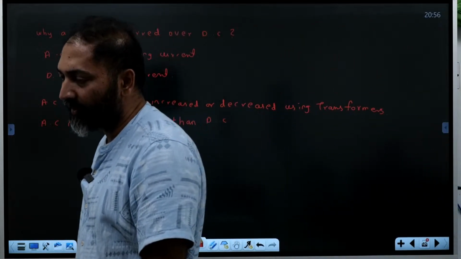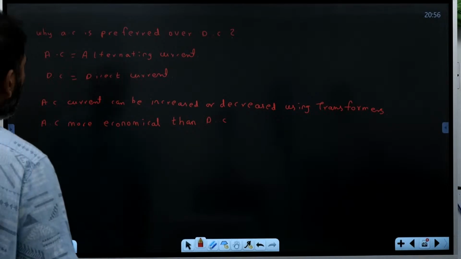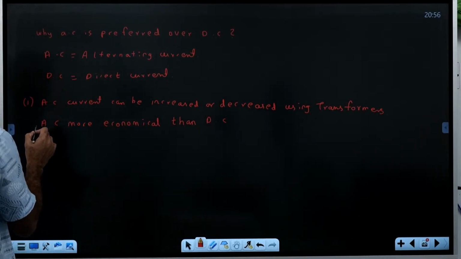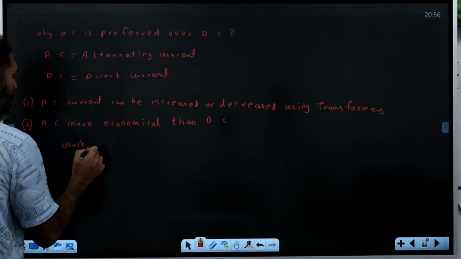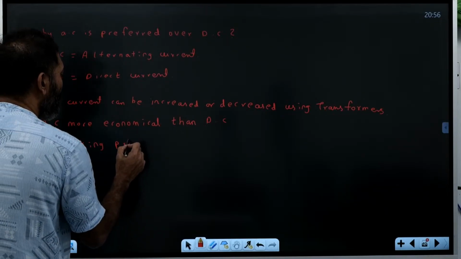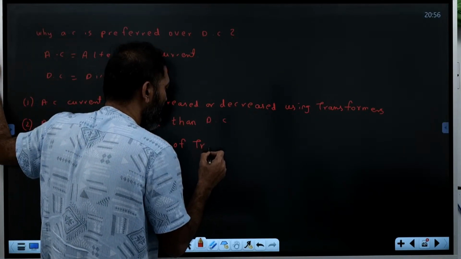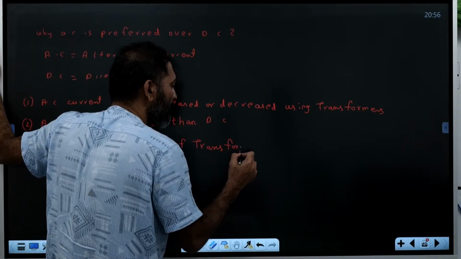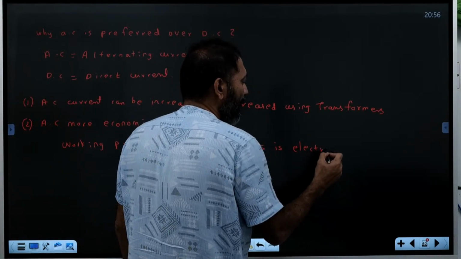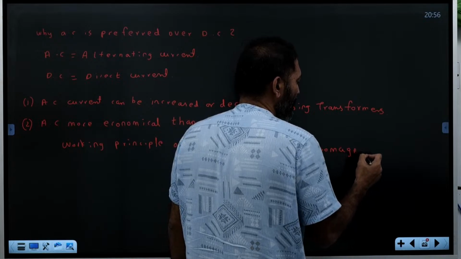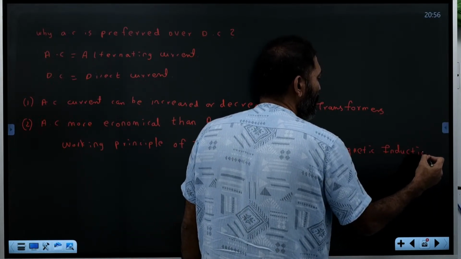AC is cheaper. AC voltage can be increased or decreased using transformers. Then AC is more economical than DC. Remember, the working principle of transformers is electromagnetic induction, or mutual induction.